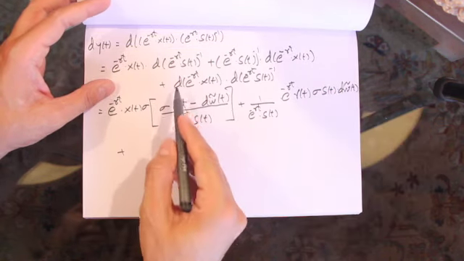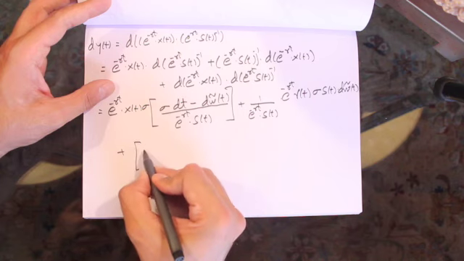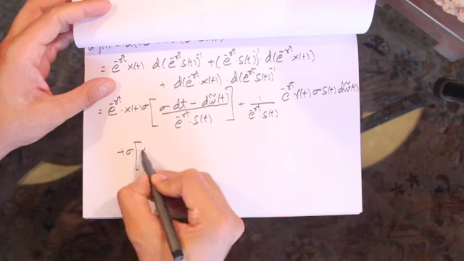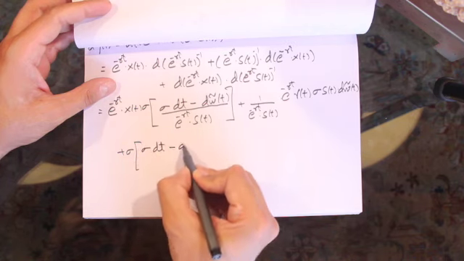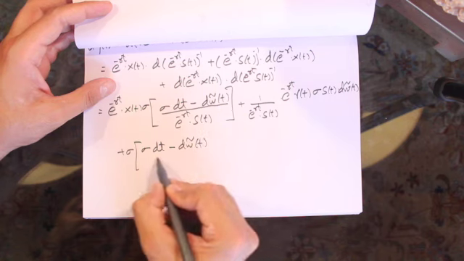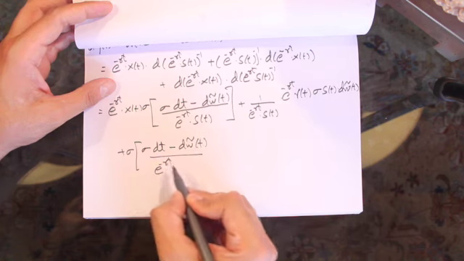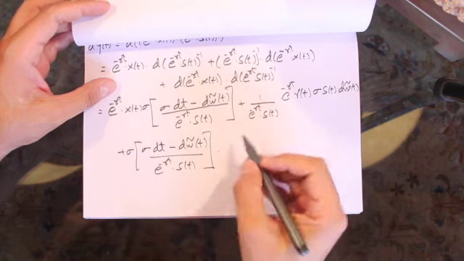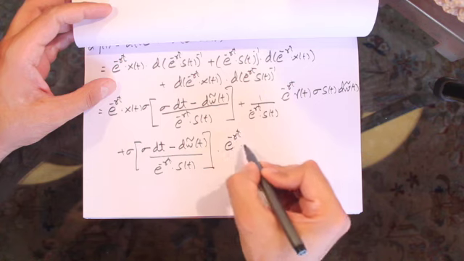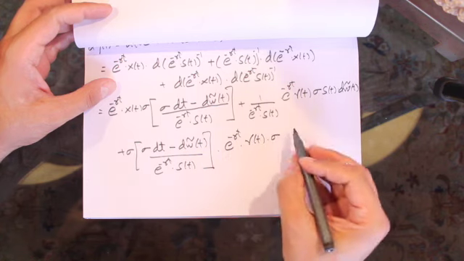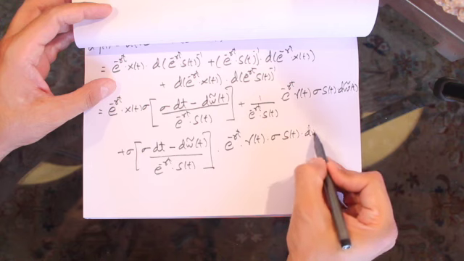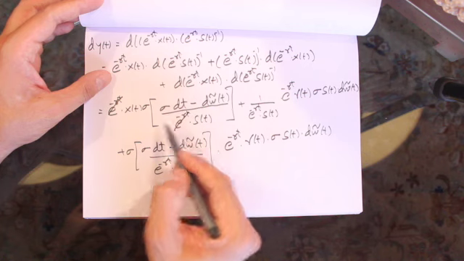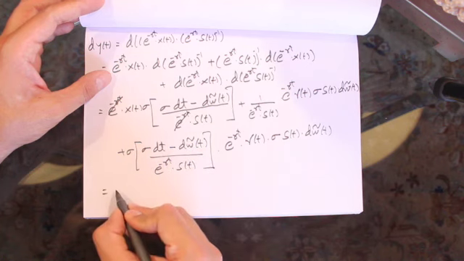And finally I have this multiplied by this, which is sigma times sigma dt minus dW tilde of t, divided by e to the power of minus RT s of t, times e to the power of minus RT gamma t sigma s of t dW tilde t. Here this cancels out with this. x of t by s of t is nothing but y of t.